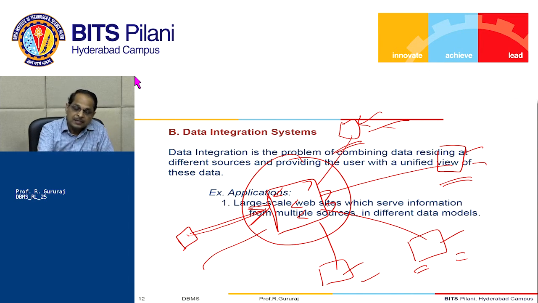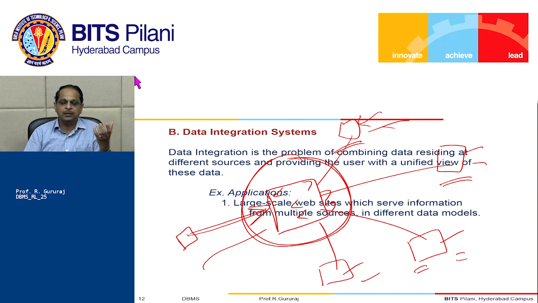It integrates the data stored at different locations in different formats and provides a unified view to the end user, so that he can formulate queries and submit them to this mediator system or integration system, and extract data from different sources in a transparent, easy way.